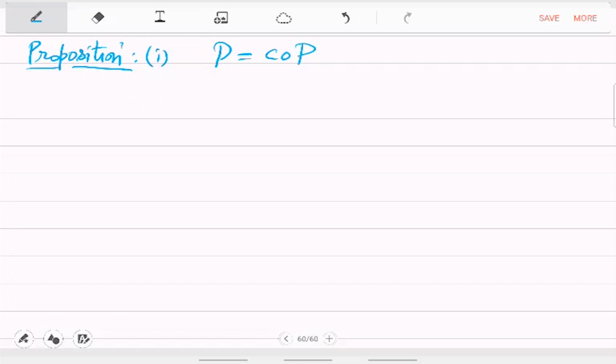So P and co-P are the same classes. And compared to NP intersection co-NP, both of them are contained, right? P is contained in NP and P is also contained in co-NP. So they are in the intersection. That's easy to see.